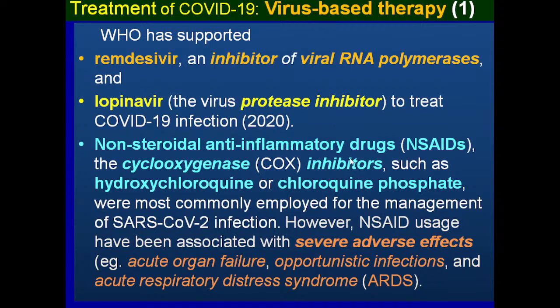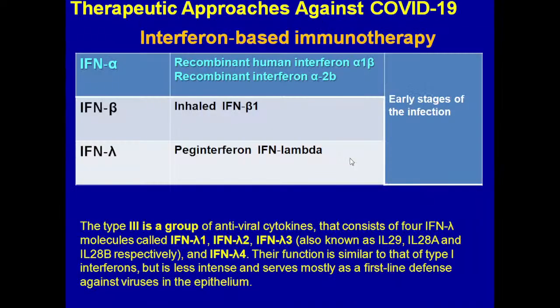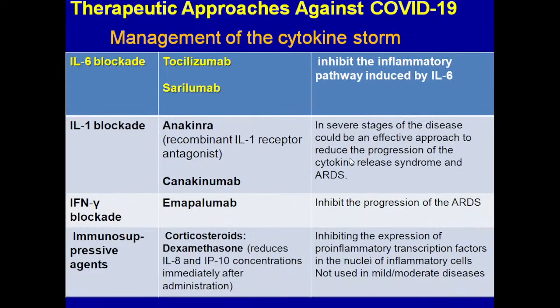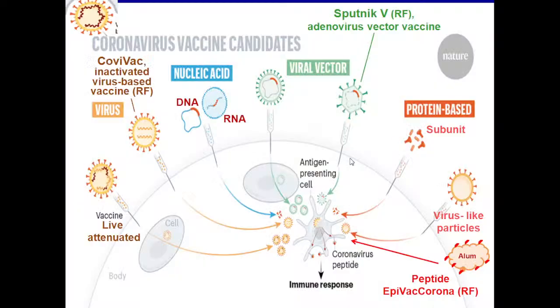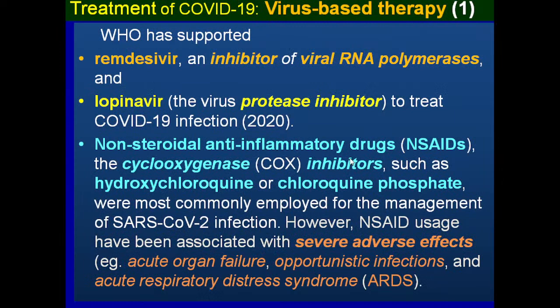So we may distinguish several types of therapy: virus-based therapy and immunotherapy, at least these two, right? So, virus-based therapy. You know that protocols for the treatment have changed dramatically within up to 1.5 years, right?